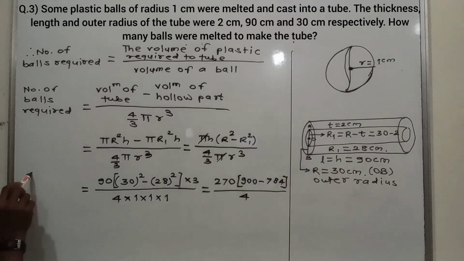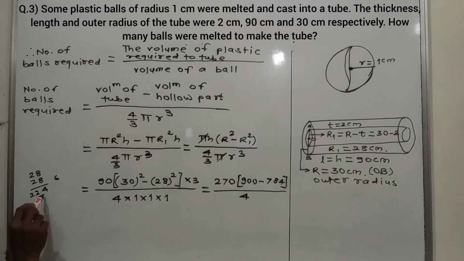See here, 28 into 28: 8 eights are 64, 8 twos are 16, and so on.